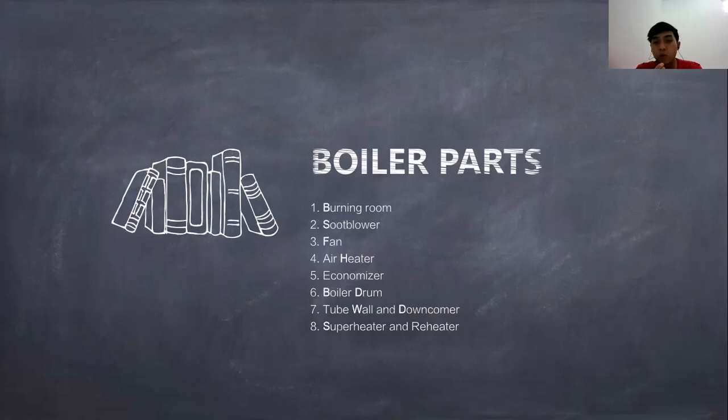Seven, tube wall and downcomer. The downcomer and the tube wall are pipes that function as the boiler drum circulation channel for fluids that are still in the liquid phase. The downcomer is not exposed to heat directly from the combustion chamber, to avoid heat loss, and is given insulation.